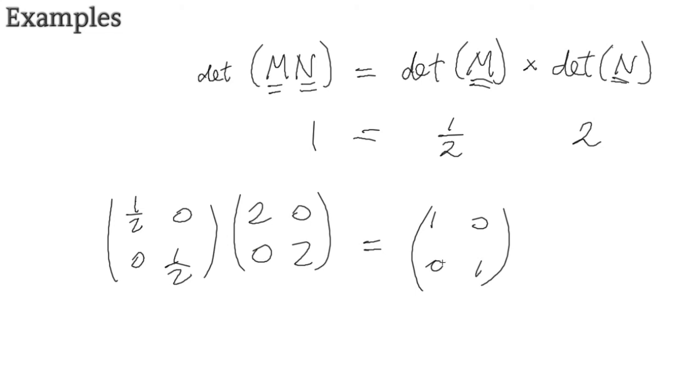The determinant happens to be 1 times 1 take 0, which is just 1. So it fits this whole thing. Although this is not an actual proof, it is something you need to bear in mind, and it will save you time.